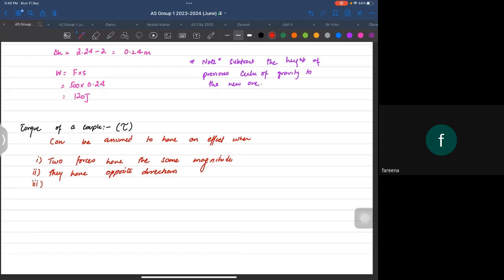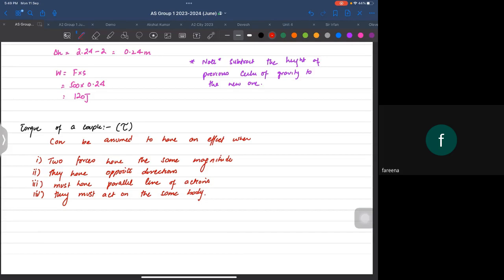Then these two forces must have parallel line of actions. I'm going to explain what this means. And the fourth point is that they must act on the same body. Now, what I've written here, they can ask you this for the condition, and they will test you out for this as well. So you guys need to remember that.